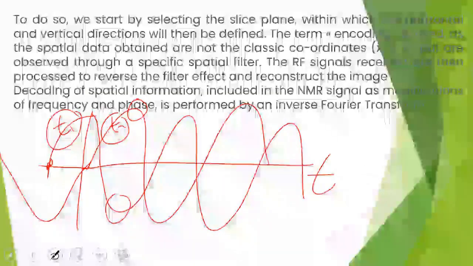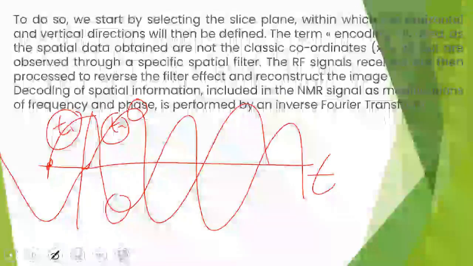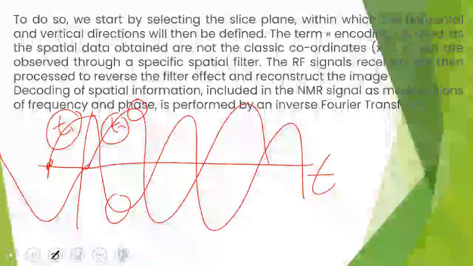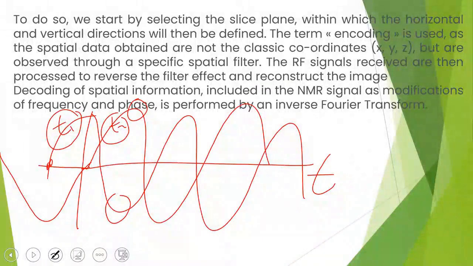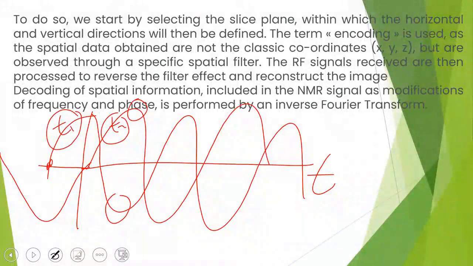Phase means you make them out of phase, and their frequency changes. In this case, you will receive a signal that comes at a different time. When it comes at a different time, you will see its value, which expresses its magnitude. If its value is high, you will place it accordingly. If it is low, you will place it until you reach a certain point. Now let's take it slowly, so we don't get confused.